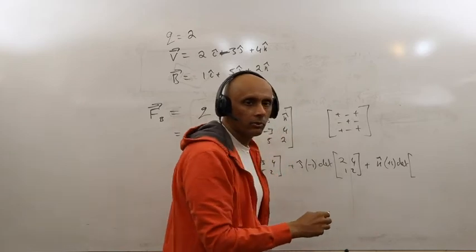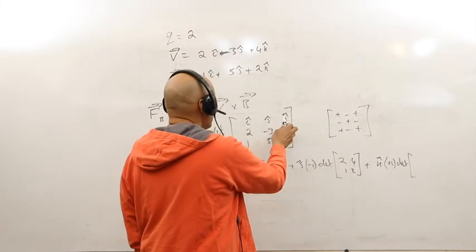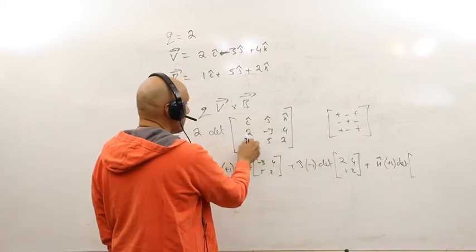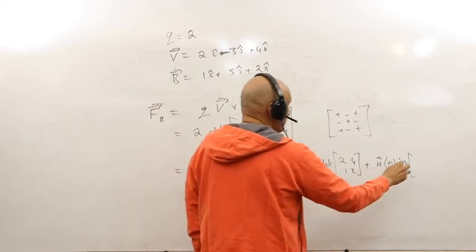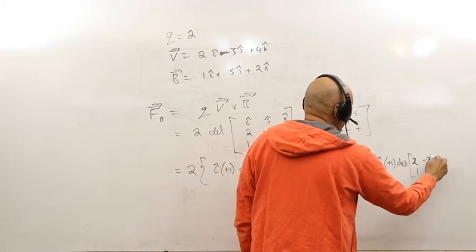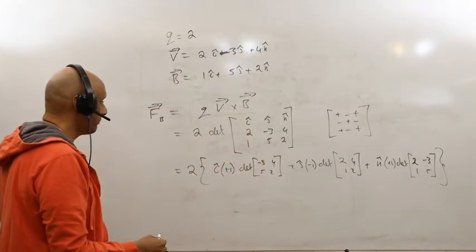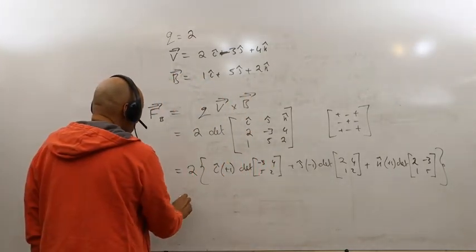Take out the row and column, and you're left with 2, minus 3, 1, and 5. I'll close the braces. Okay, so we can expand this further.